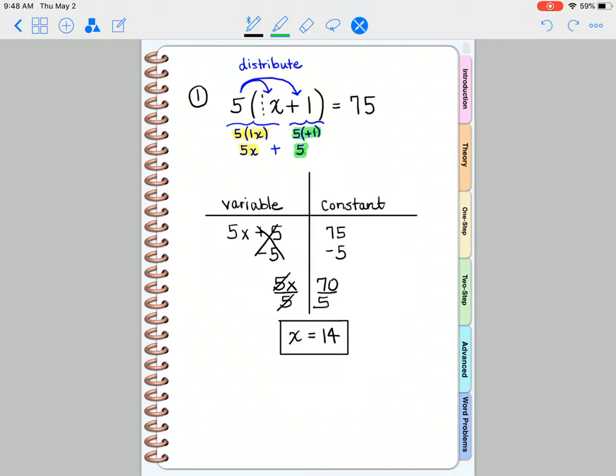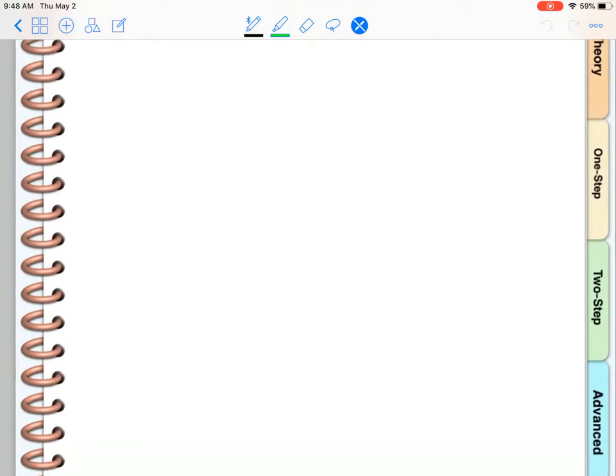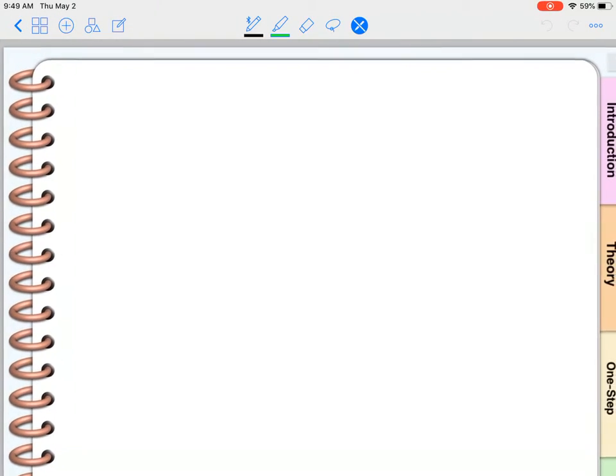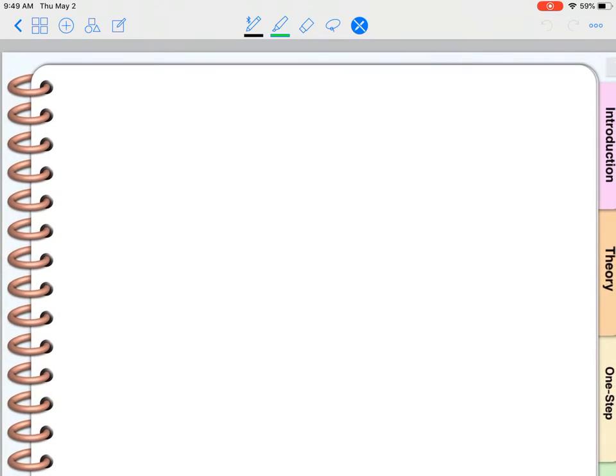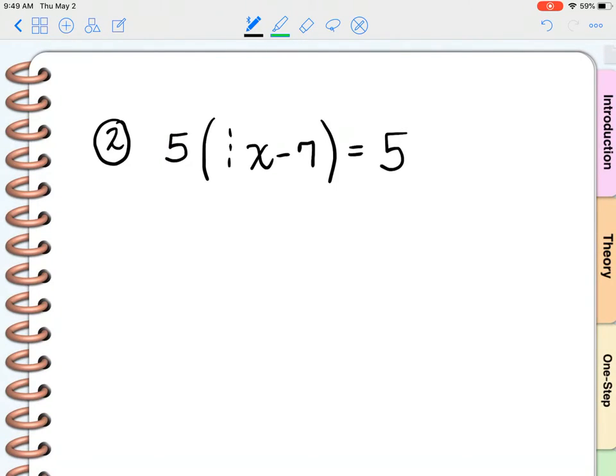Okay, number 2 in this section. Let me zoom back in so you can see a little bit clearer. Number 2 is 5, again, (x minus 7) this time. And I left room to put my ghost there, equals 5. So again, I'm going to use that distribution process.